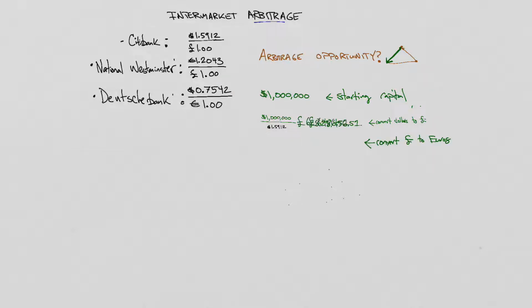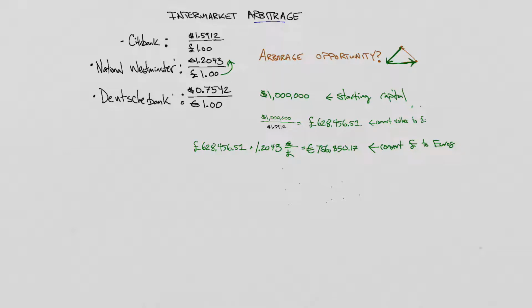So 628,000 of those, going from pounds to euros, a bigger number, so I multiply, gets me an amount of euros equal to 756,850. Almost done. I've completed the next leg of this journey, and I just need to close it up.